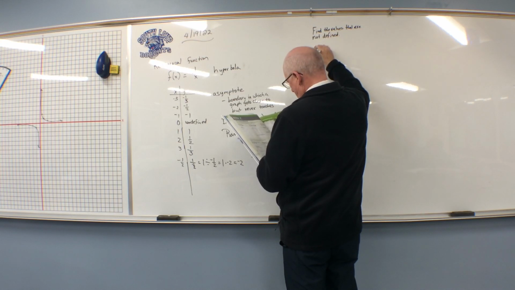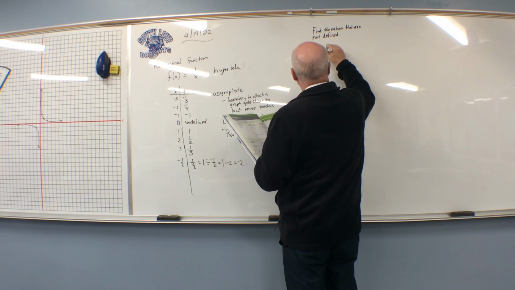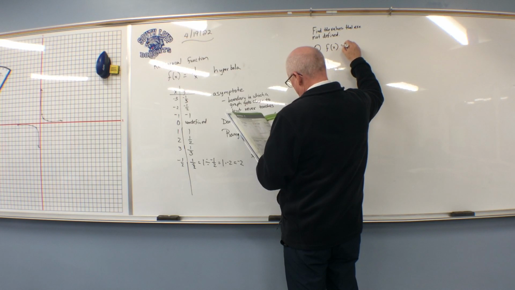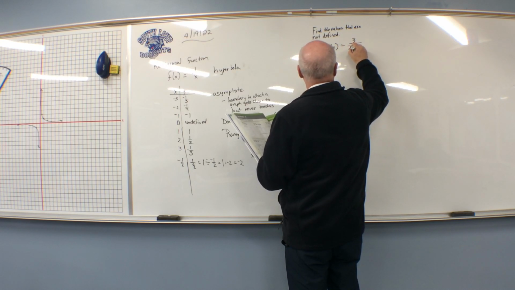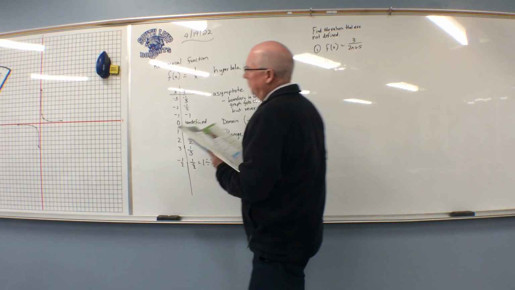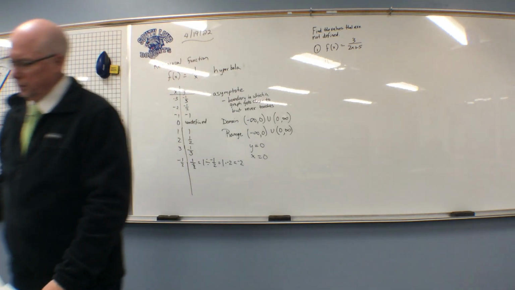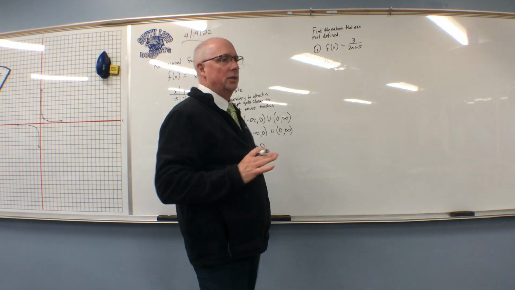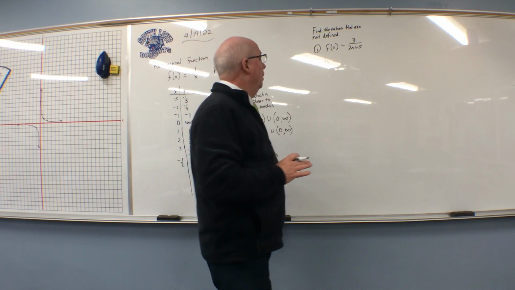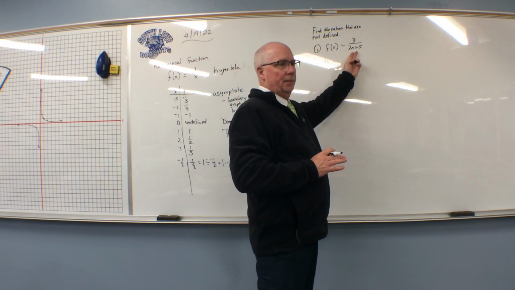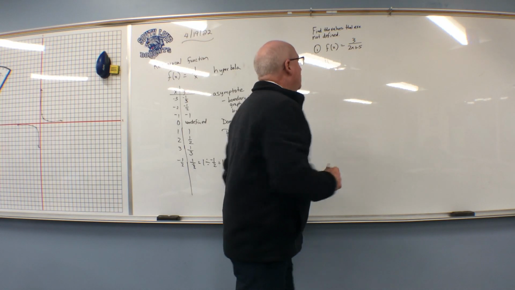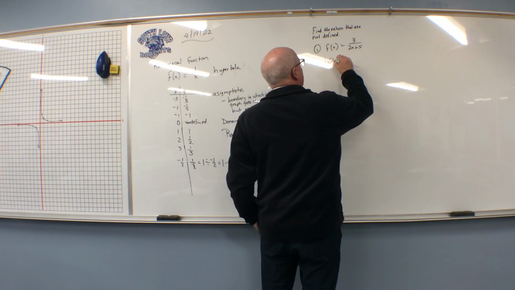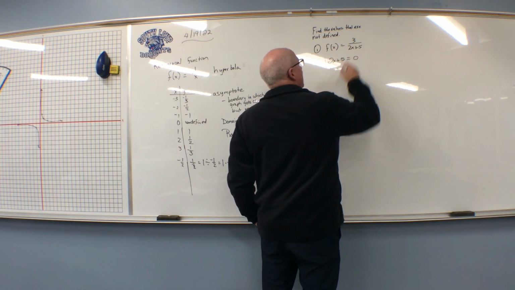This is a hyperbola, Joey. We're not supposed to graph it. It says just find the values that aren't defined. Well, we want to find all the values that make the denominator 0. So we take 2x plus 5 and we set it equal to 0.